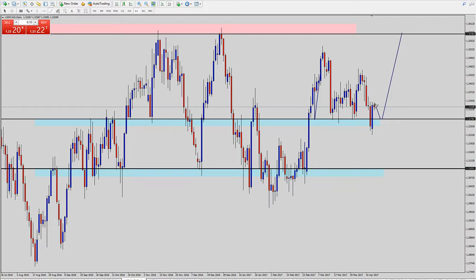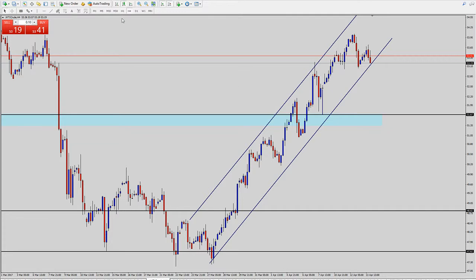But if the market continues upward with momentum, probably up to these highs, we'd look for a pullback, probably all the way down to these lows, and then see a continuation upward. But right now we're just looking for more buying confluence into the areas.